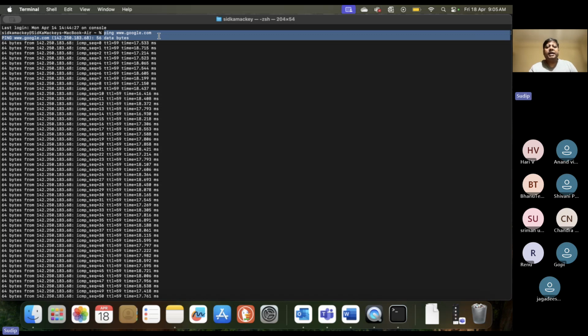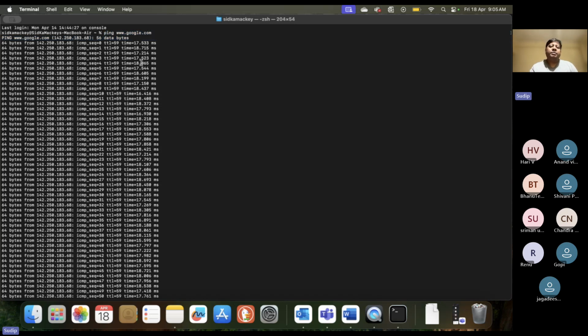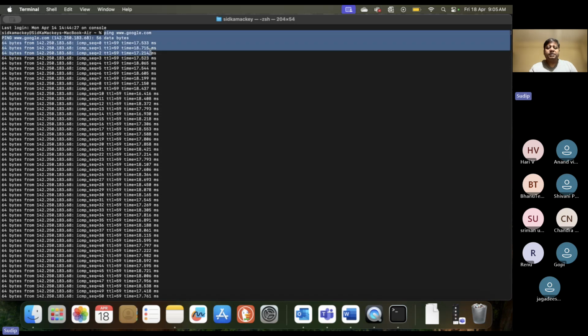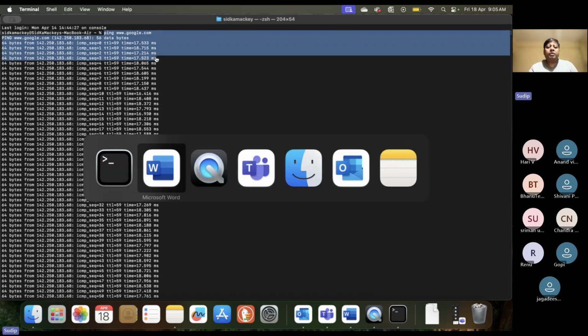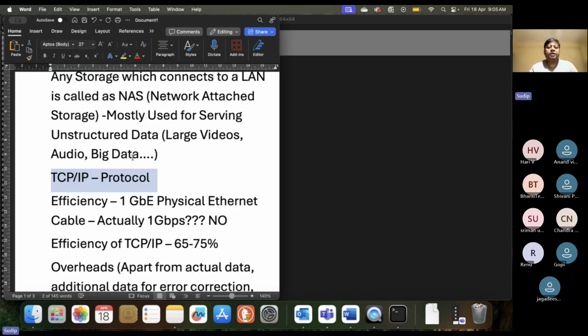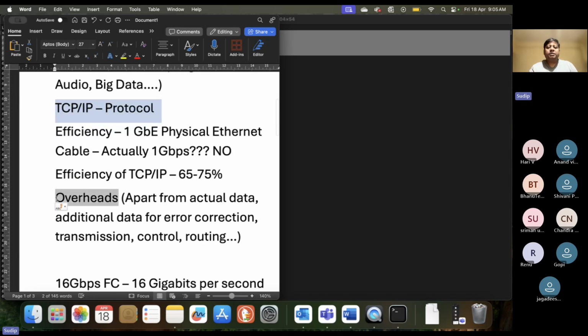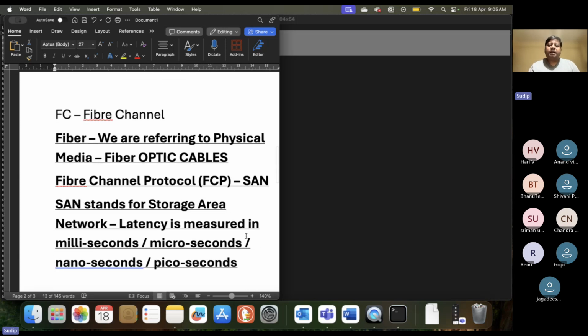So anybody can send any kind of data at any point in time in the network. Hence these extra overheads have been built to ensure correct data without any corruption is reaching from the designated sender to the designated receiver. But in the fiber channel protocol, that problem is not there because your sender and receivers are predefined.